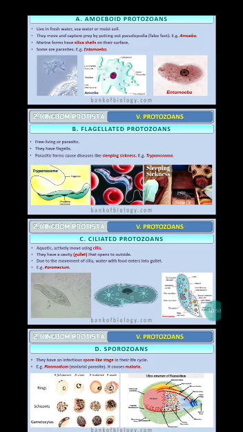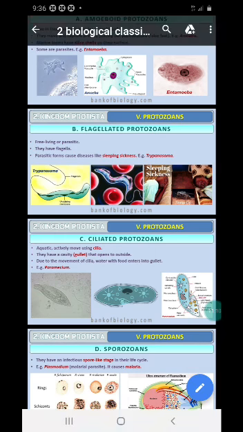The structure which helps in movement is the flagella, a single long flagella. This Trypanosoma is parasitic. It has a heterotrophic mode of nutrition. It is present in the blood of human beings and causes sleeping sickness.